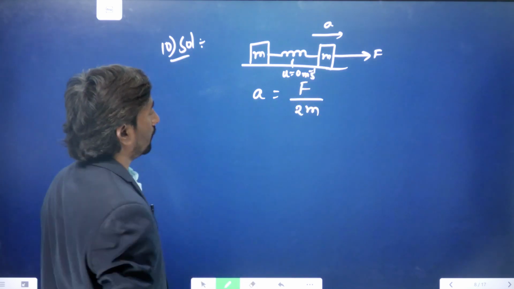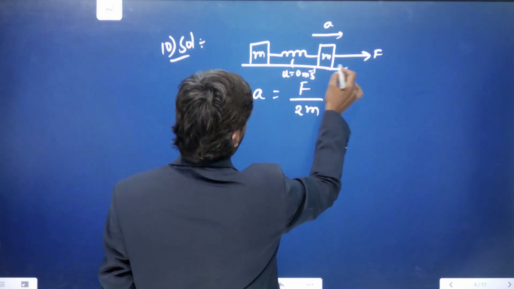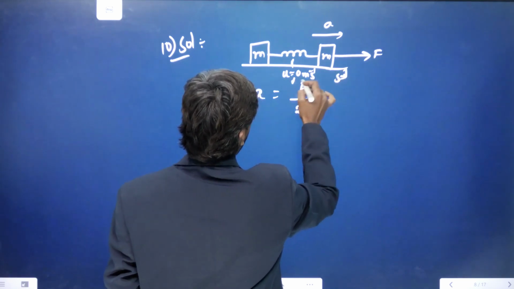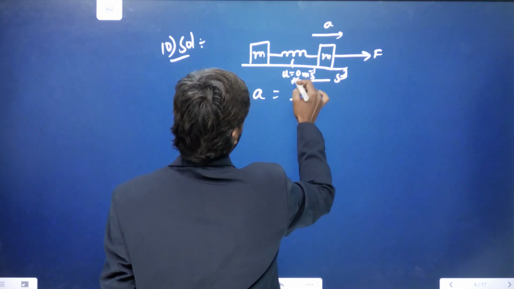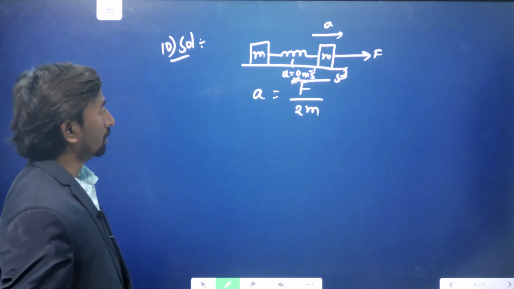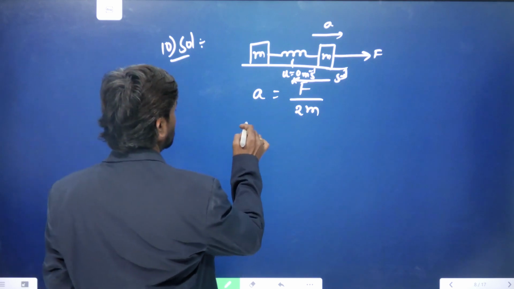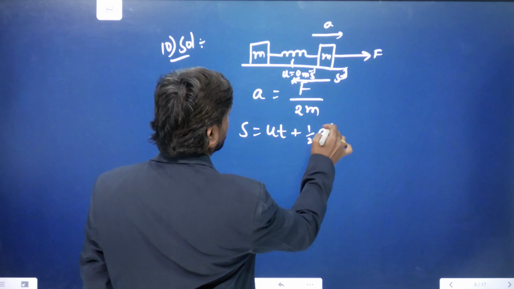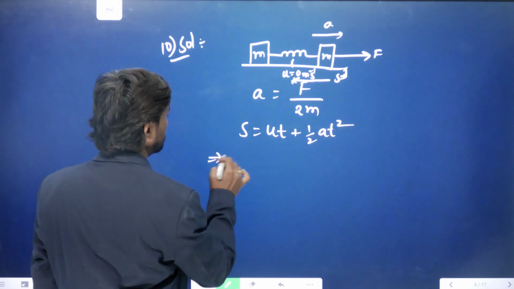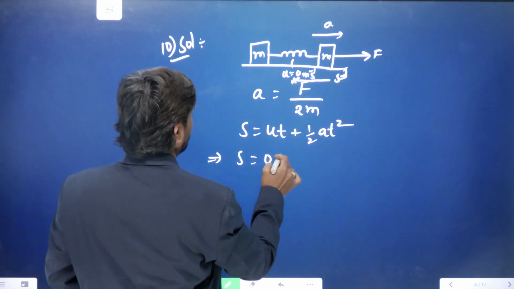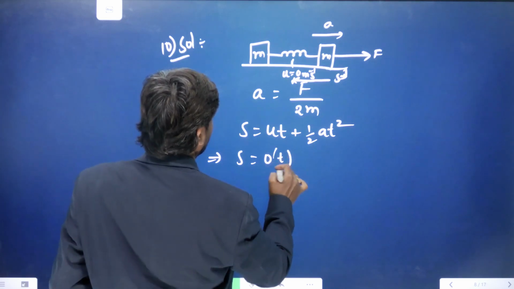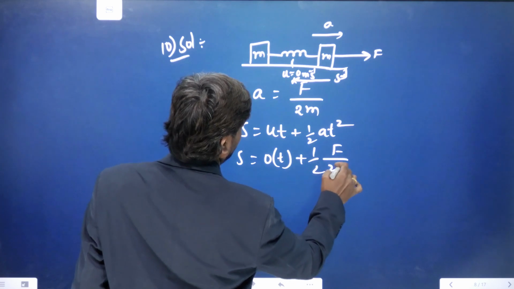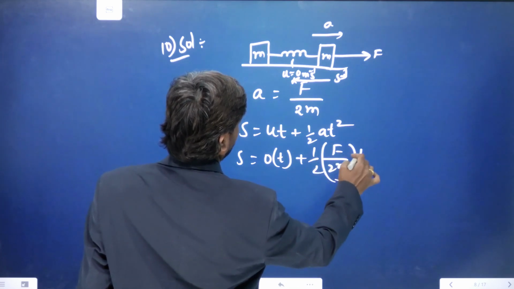If you apply the force here, this will move some certain distance, s distance, from here. In time t, so we can write s is equal to ut plus half at square. Here u is 0, t is t seconds, plus half into a, which is f divided by 2m, into t square.